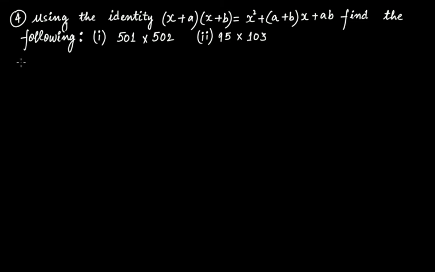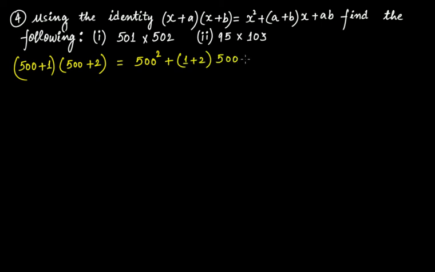So if you look at this one, you can write this as 500 plus 1 and 500 plus 2. 500 is x, x, a and b. So from here you get 500 squared plus a plus b, which means 1 plus 2, times x, which is 500, and then plus ab means 1 multiplied by 2.